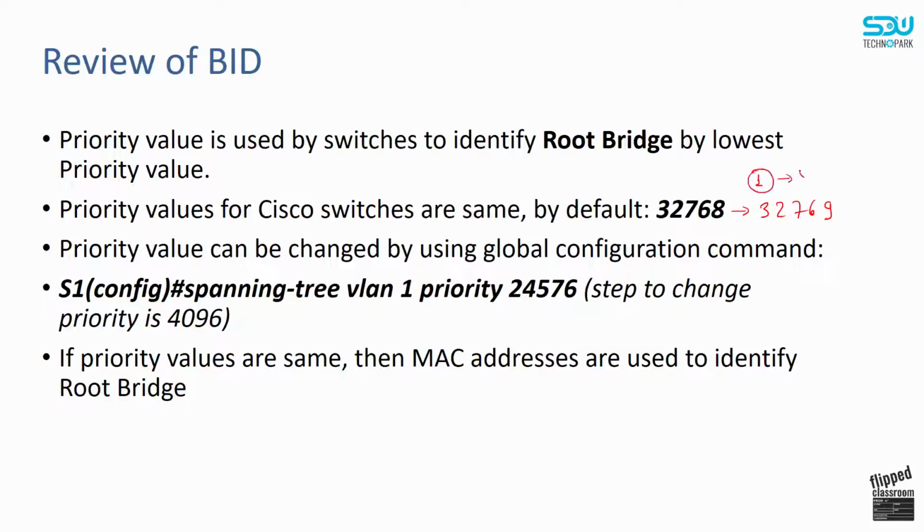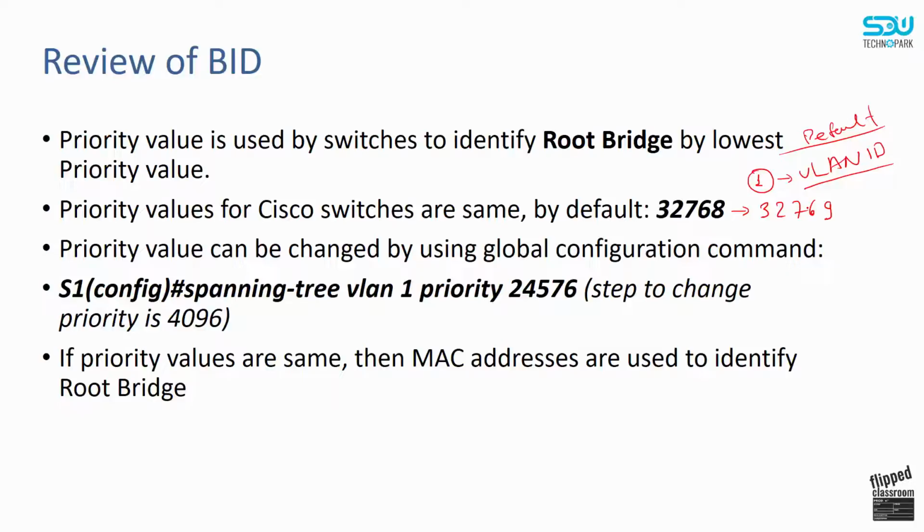It is actually the VLAN ID, which is used by default. If you use another VLAN, then that VLAN's value will be added to the priority value. The priority value can be changed by using the global configuration command spanning-tree vlan, VLAN ID, priority and its value.